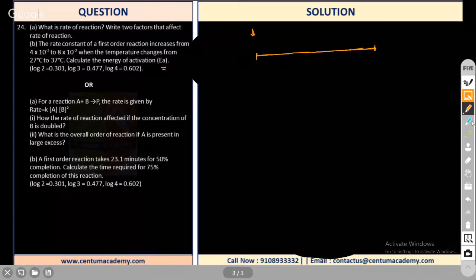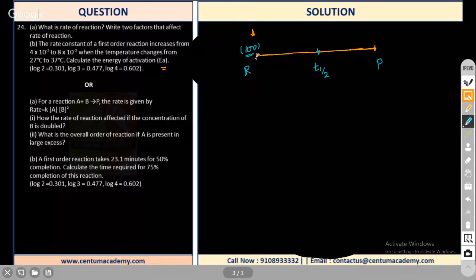Here is the reactant, and we are assuming the total concentration of the reactant is 100, and this is the product. This is the half life time, which is T half.